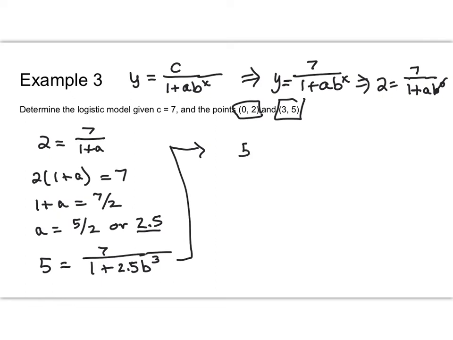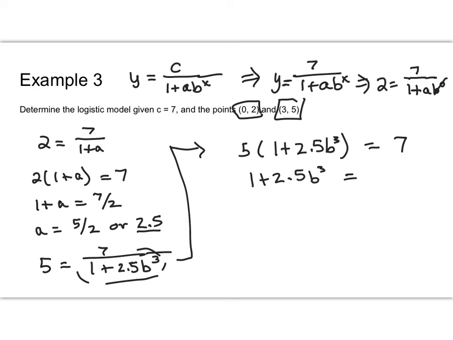And if I multiply both sides by this 1 plus 2.5 b to the third, so that I can get it out of my denominator and work with it more easily, then I can divide both sides by 5. I can subtract 1 from both sides.